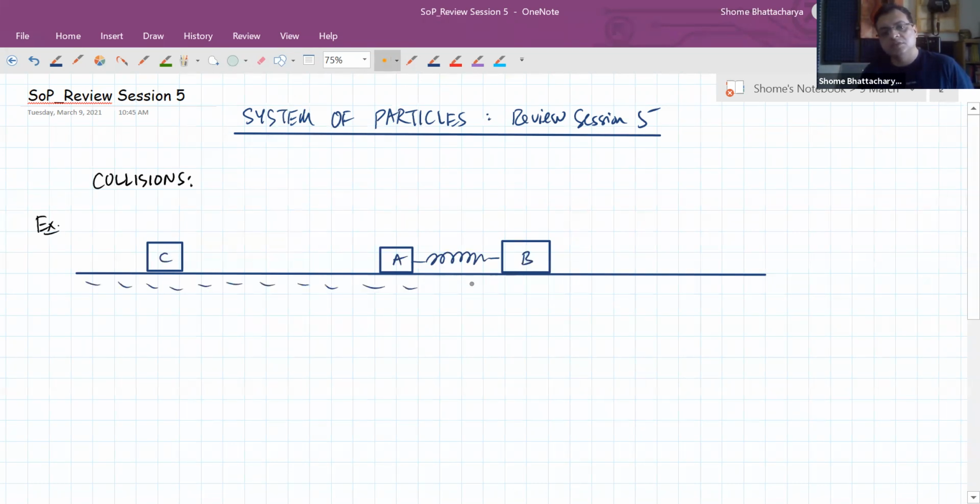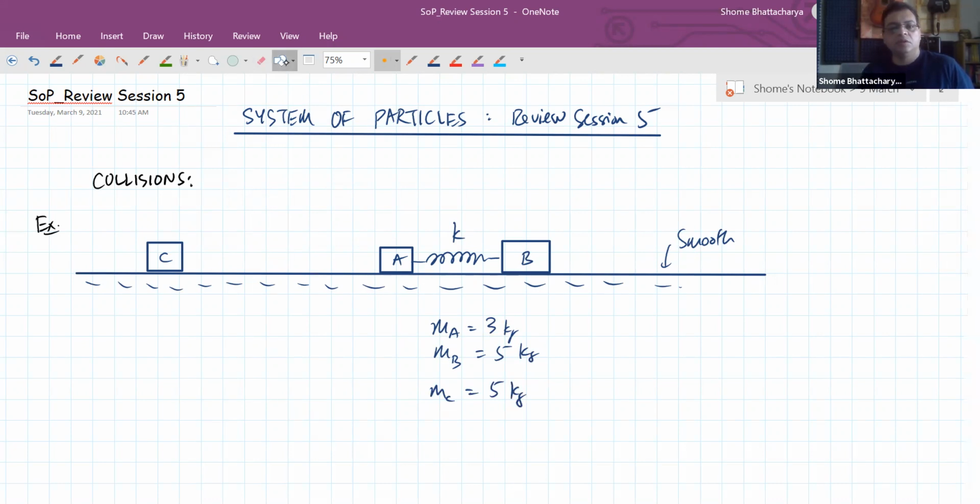So we have a system like this, where the surface is smooth. The block A has a mass of 3 kilograms. The block B has a mass of 5 kilograms. The block C also has a mass of 5 kilograms. Now, A and B are initially at rest.